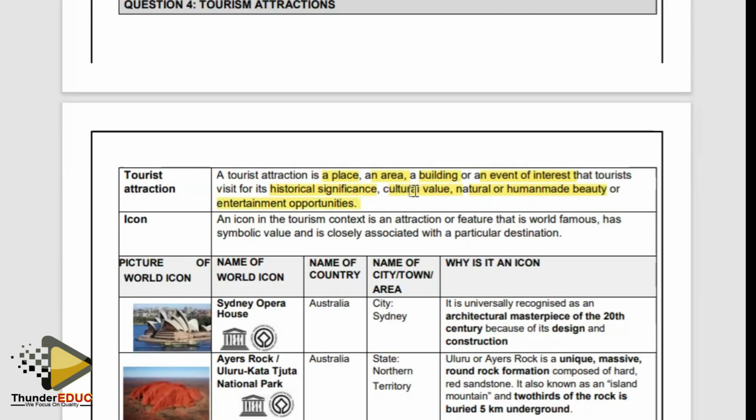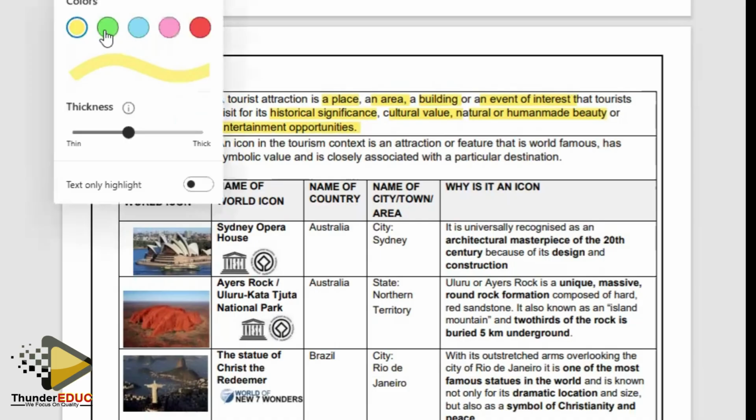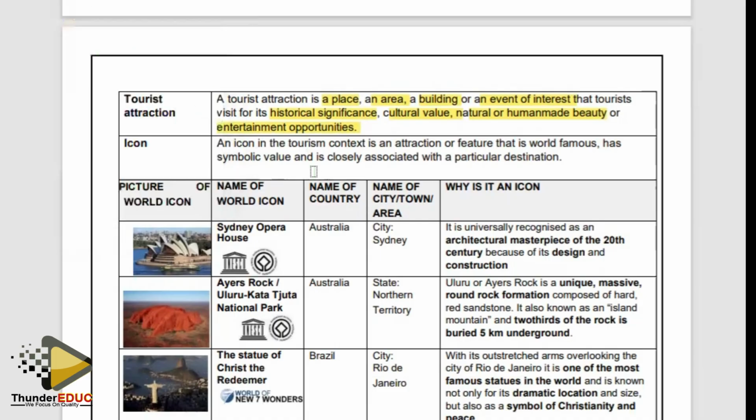Then moving on, we need to distinguish an attraction from an icon. An icon in the tourism context, and I want to emphasize the term context, because for all definitions you must always contextualize which context you are defining a particular term in. So we are defining this from a tourism context.